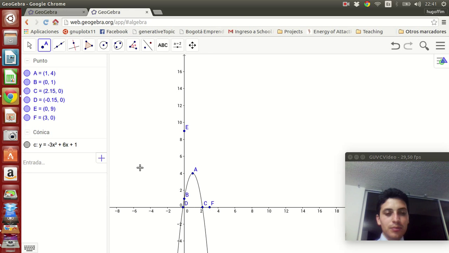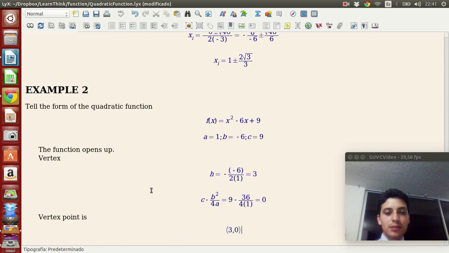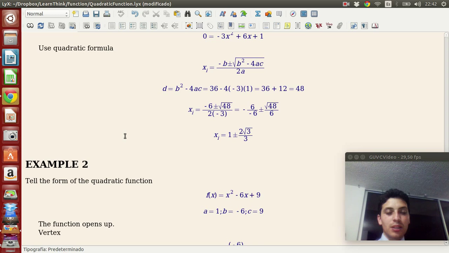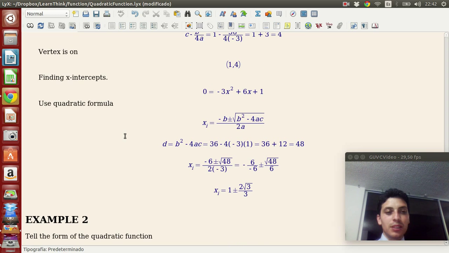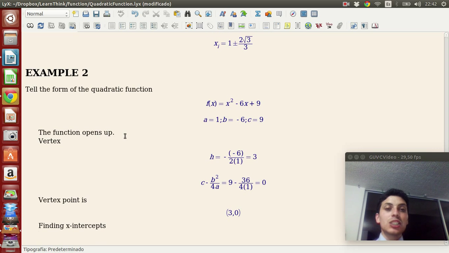And let's see the points of intersection. So finding x-intercepts. Okay, I'm gonna tell you something.